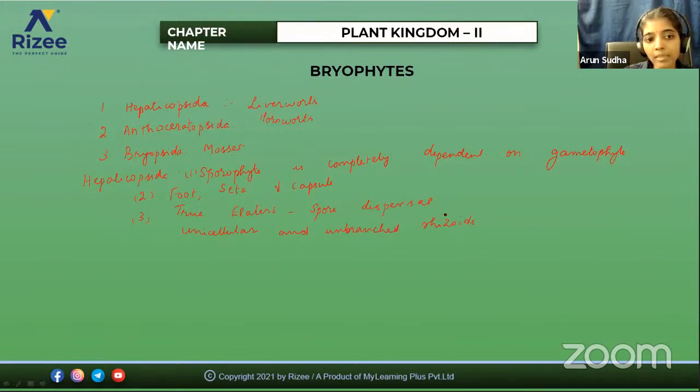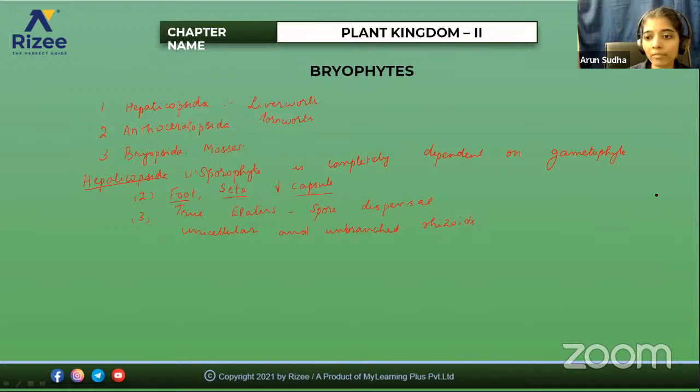So the example is liverwort, which comes under Hepaticopsida. Here the sporophyte is completely dependent on the gametophyte. The gametophytic phase alone synthesizes the food, so it is responsible for photosynthesis. The sporophytic phase contains foot, seta, and capsule.